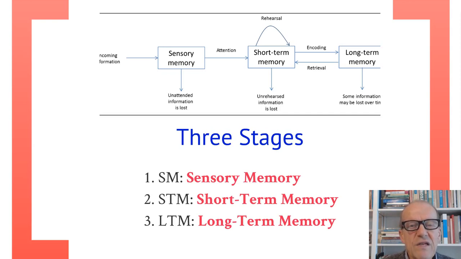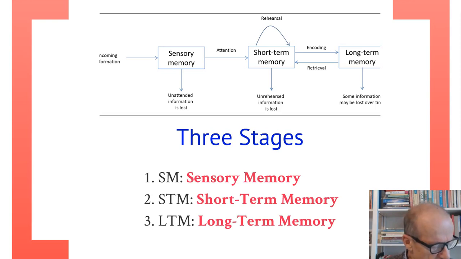That is the reason why many learning theorists prefer to call the short-term memory the working memory. So the working memory is the place in memory where the work is being done, basically, where information is being processed and where problems are solved and answers are given and prepared, etc. Everything is done in working memory.